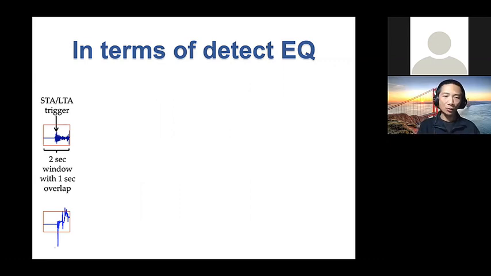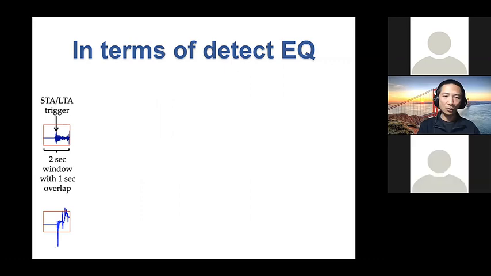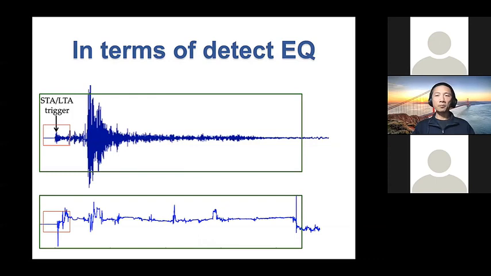We can wait more time for most of the early warning system. But at the back end, after the earthquake, we already have a lot of waveforms recorded by the phones and uploaded to our server.